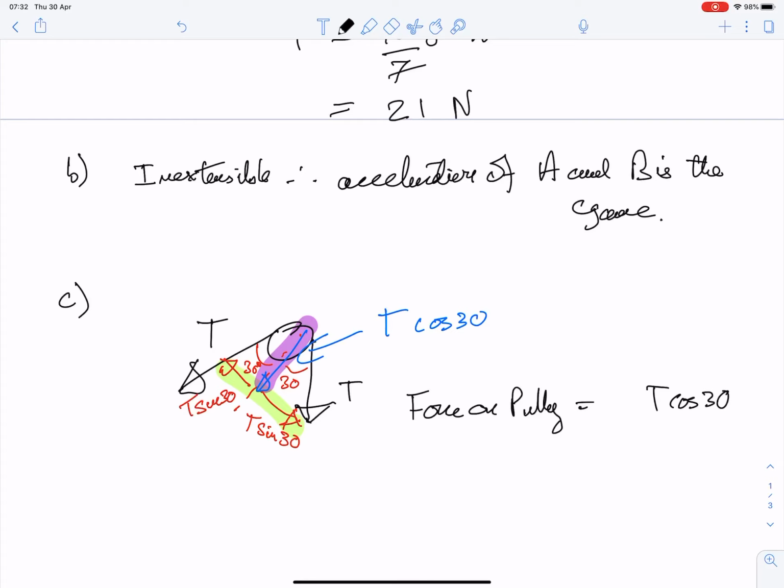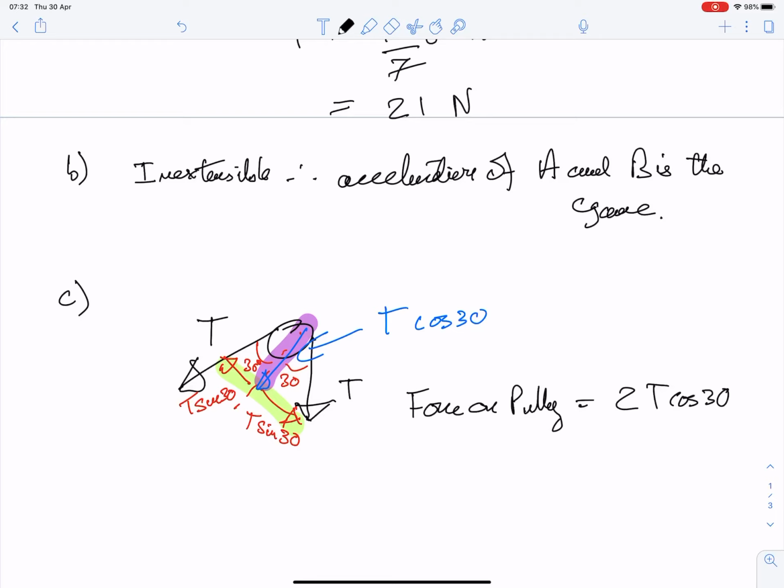So if we worked in the direction of that green highlighted section, resolved in that direction, we would get 0. Okay, so what we're really interested in doing is working in this direction. So what forces have we got acting in that direction? Well, it's next to the angle, isn't it?